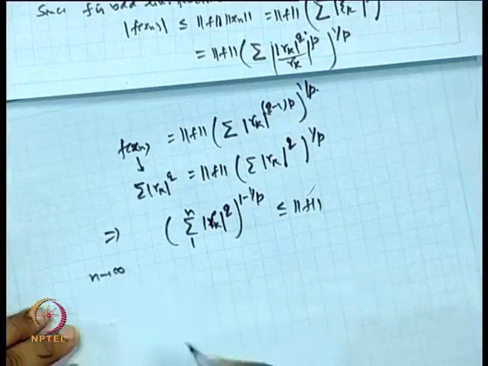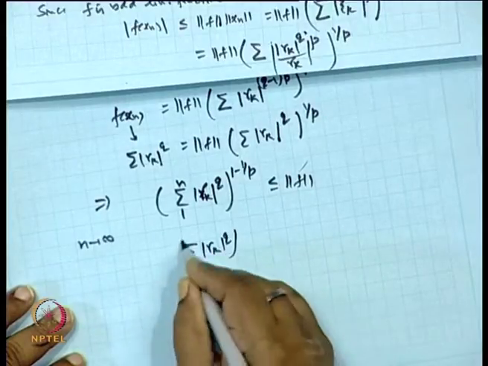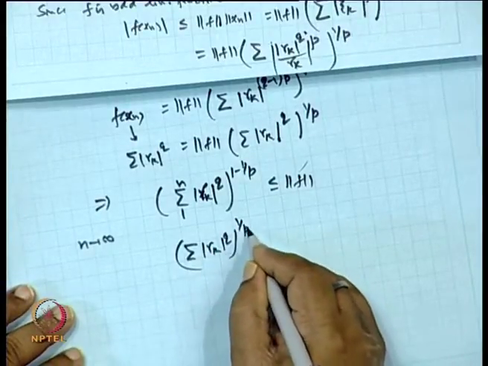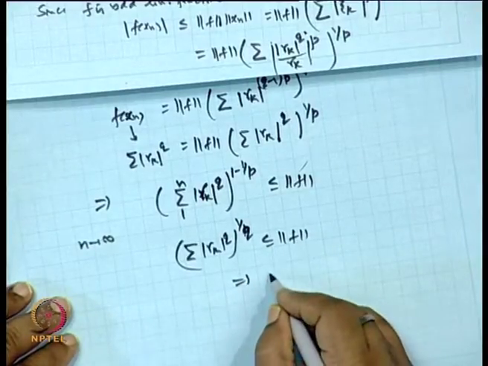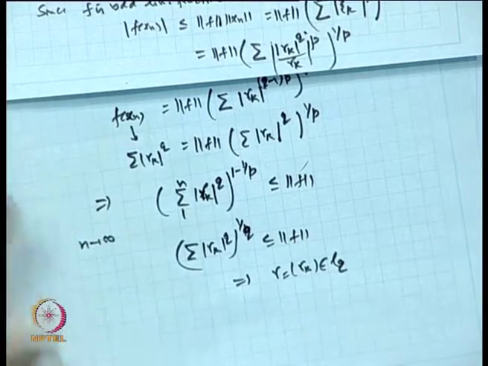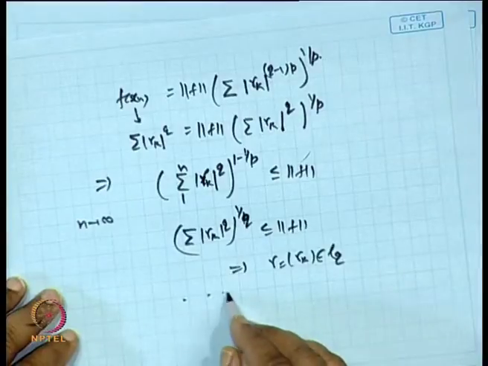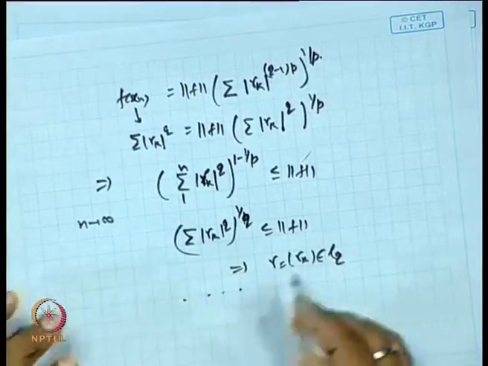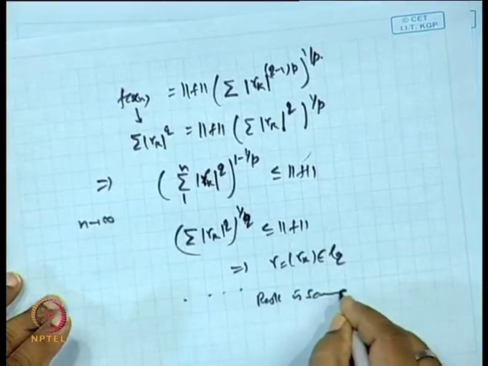Let n tend to infinity; this will give sum of gamma k power q, to the power 1 by q, less than or equal to norm f. So, this shows that gamma, which is gamma k, is in LQ. Okay. And the rest of the things will be the same, clear?